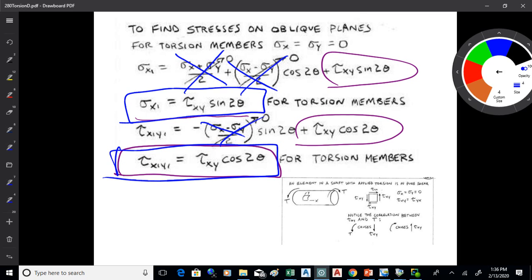So there's special biaxial formulas for torsion because they're much simpler than the full ones. So they're often just written as separate formulas, even though they're not. They're the biaxial formulas with sigma x and y being 0. Okay? Because there's no normal stress in the x and y directions of the shaft.